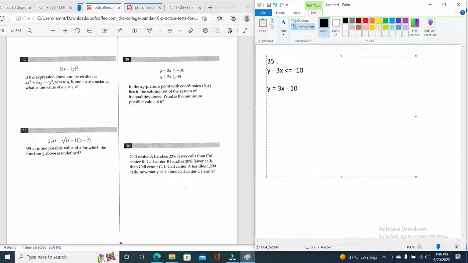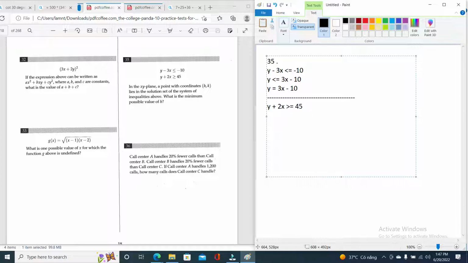So our original inequality is y smaller than 3x minus 10. The original line is y equal to 3x minus 10. That's the first line. The second line is y plus 2x bigger than or equal to 45.